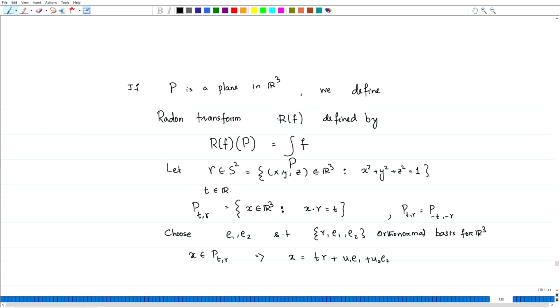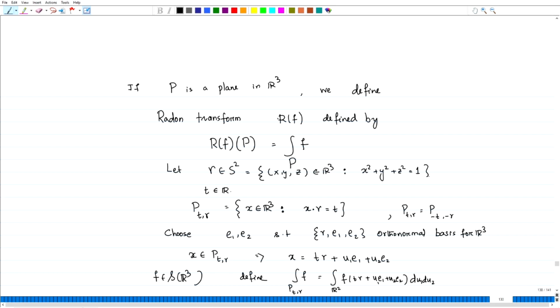Now, for f in the Schwarz space of R3, we define the integral over the plane P t gamma of f to be equal to the integral over R2 of f of t gamma plus u1 e1 plus u2 e2, du1 du2, where u1 and u2 are scalar variables.